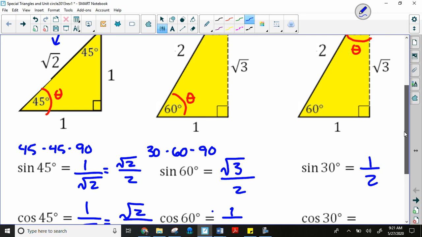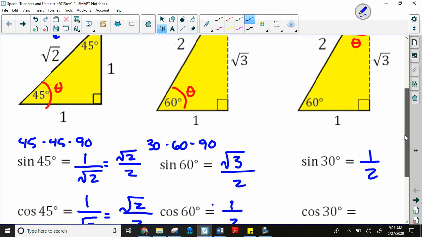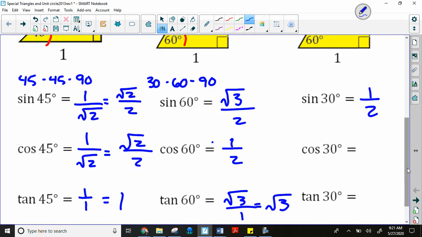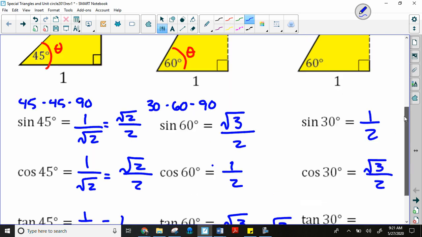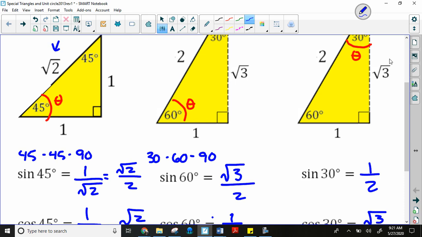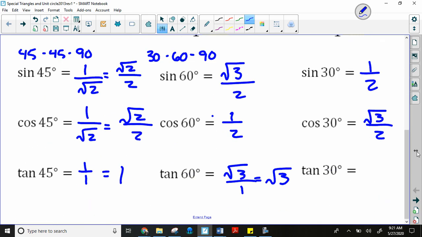Cos 30 is adjacent over hypotenuse, root 3 over 2. Do we have to rationalize tan? Yes, we do. Opposite over adjacent would be 1 over root 3, but we're not leaving it like that. You multiply by root 3 over root 3, so you get root 3 over 3. So we've rationalized that denominator.